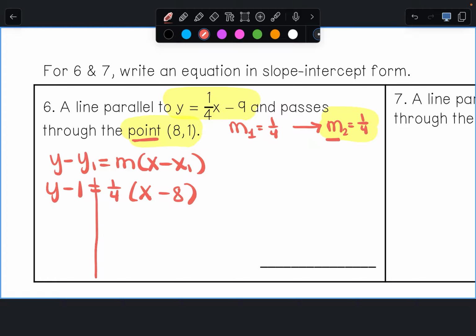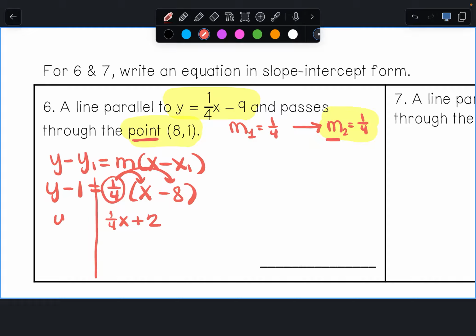We first distribute, and distribute tells you to multiply. So 1 over 4 times x is 1 over 4x. And then what's 1/4 times negative 8? Negative 2. You type it into your calculator.